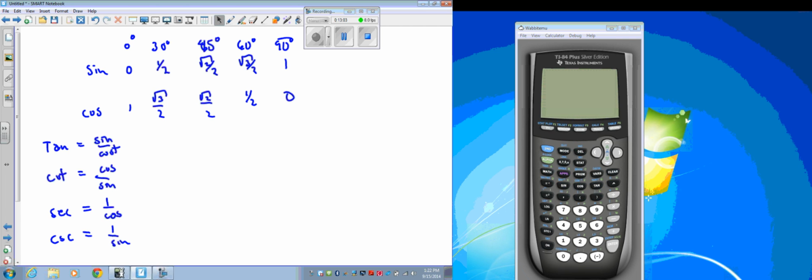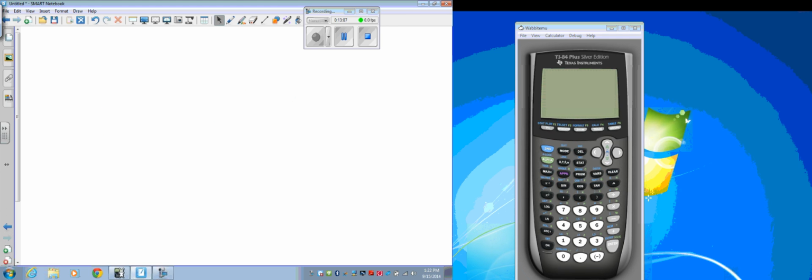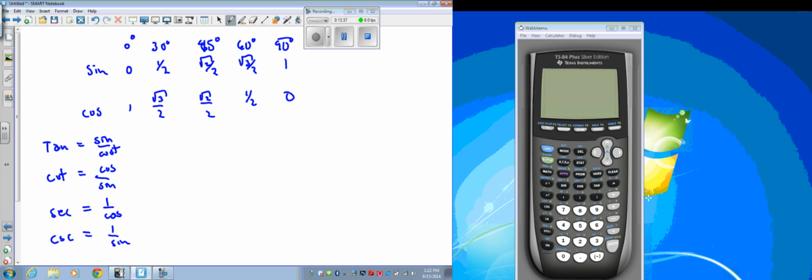Now remember those cofunction things. Which of the two, sine and what, are cofunctions? Sine and cosine are cofunctions. So this is what a cofunction is. If you have the sine of theta, then it's the same as the cosine of 90 degrees minus theta. You see that?